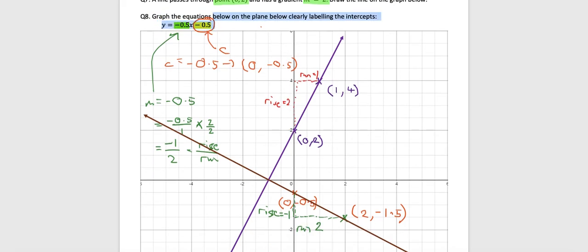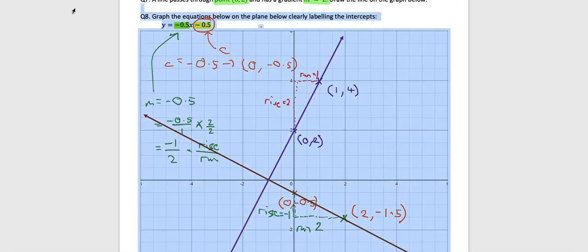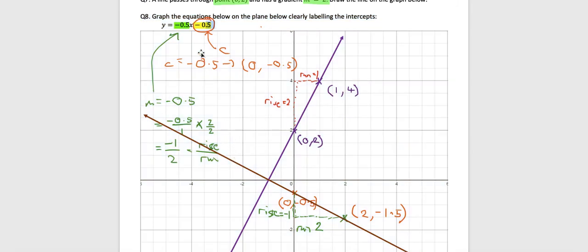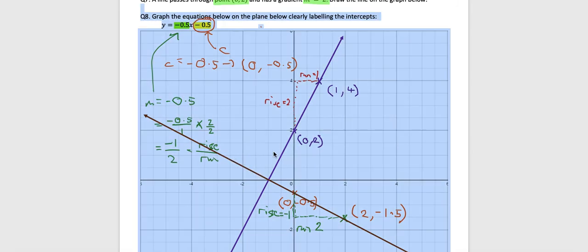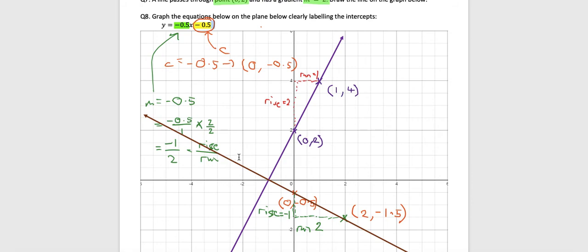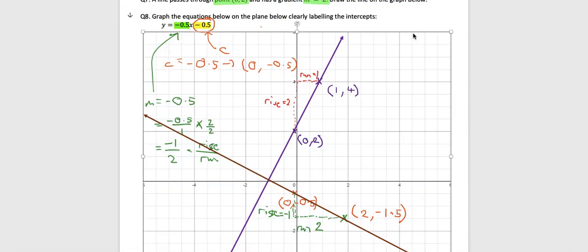And if I really want to be pedantic, I can write on that line, y equals negative 0.5x minus 0.5.